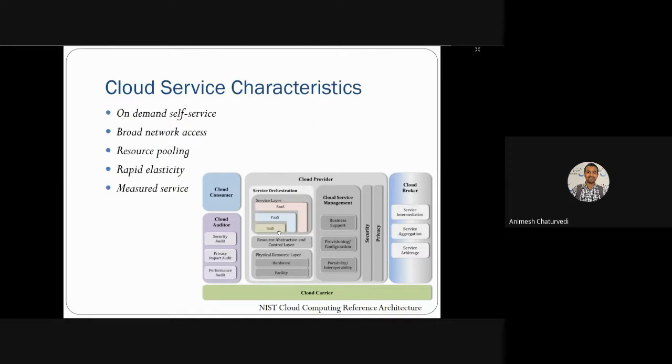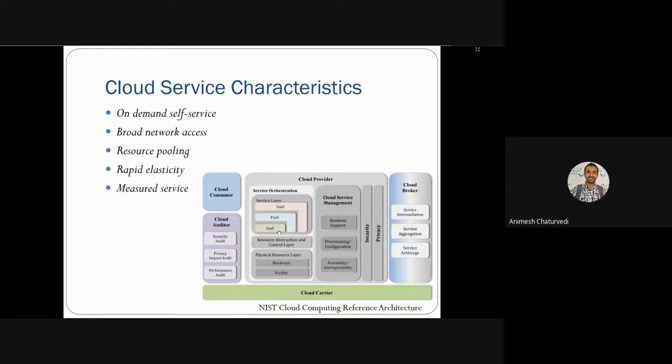Then, what are the characteristics of cloud service? The cloud service should be on-demand self-service, as we discussed. It should not fail; it should be available all the time. Then broad network access, which means the cloud provider should have servers with broad network access so that there is no delay from the provider side. Then resource pooling should be better at the cloud provider side.